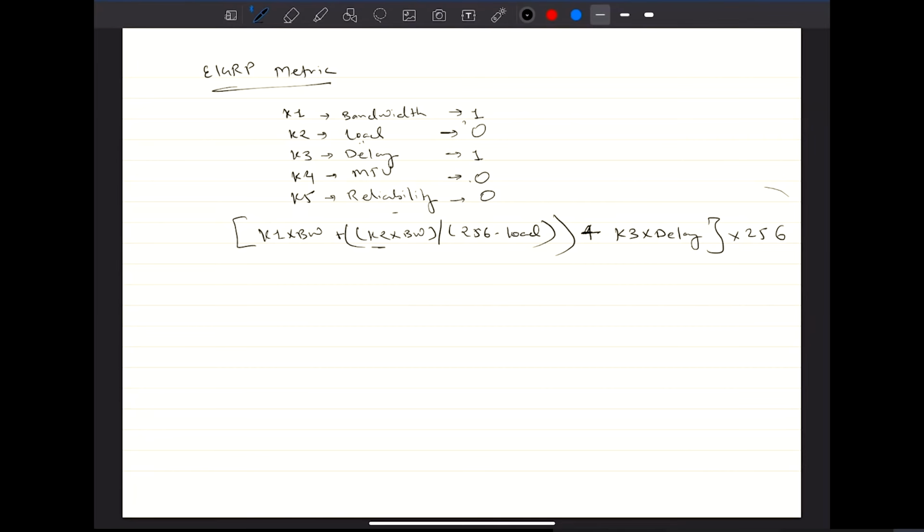Now, as K2 is set to 0, this particular term becomes 0, and when it is divided by any value, it again becomes 0. So that's why this is going to be struck through.